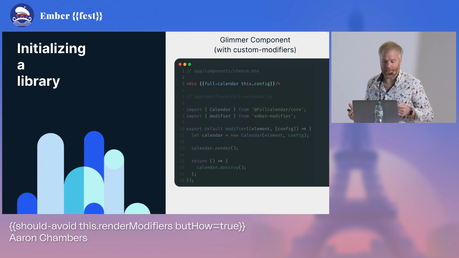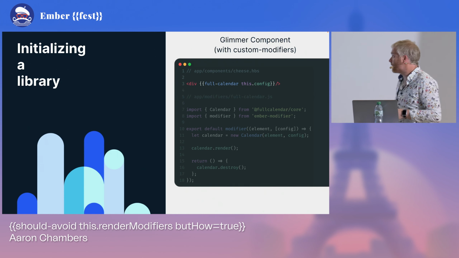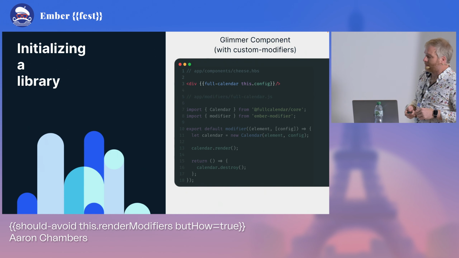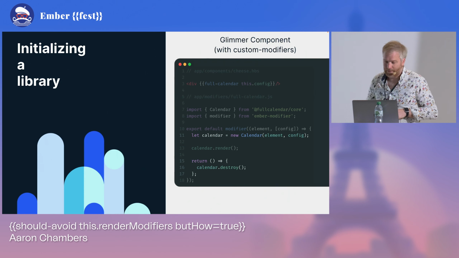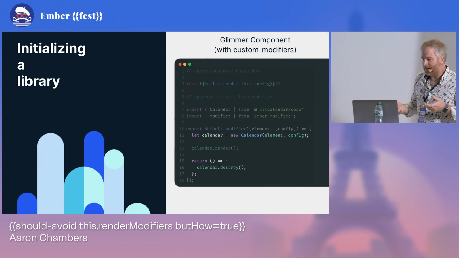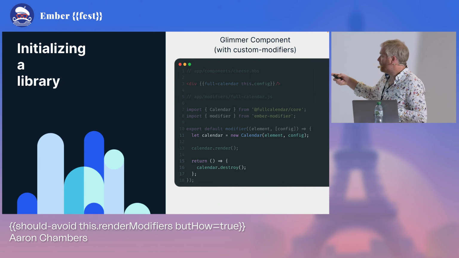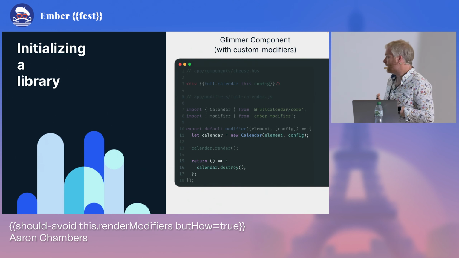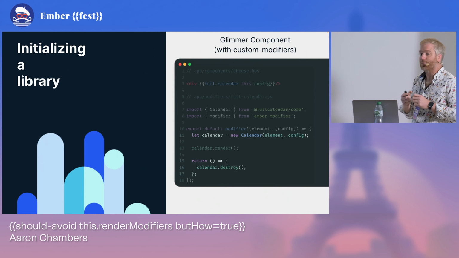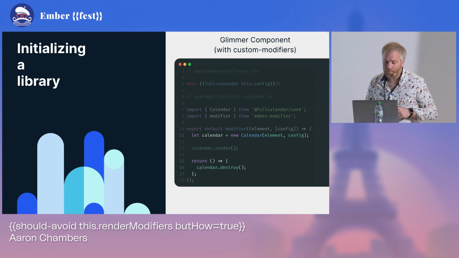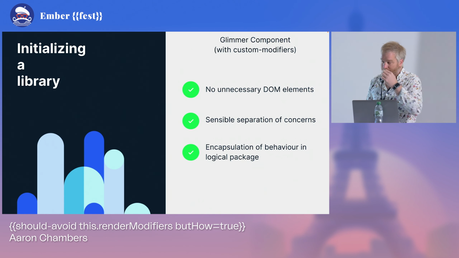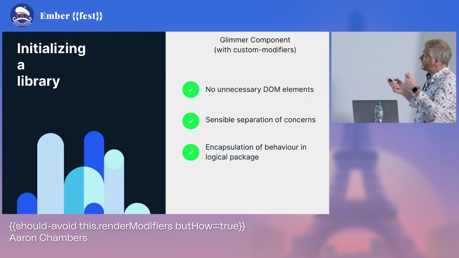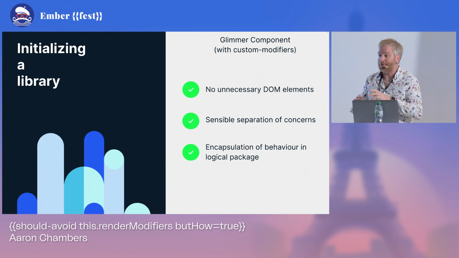We can attach it to any DOM element. It's easily shareable. And so this modifier has now encapsulated the logic to create a calendar and to tear it down. With modifiers, if you return a function, it'll run that when the modifier is removed. So we've grouped the setup and the teardown. So custom modifiers for the win when you want to do DOM interactions.